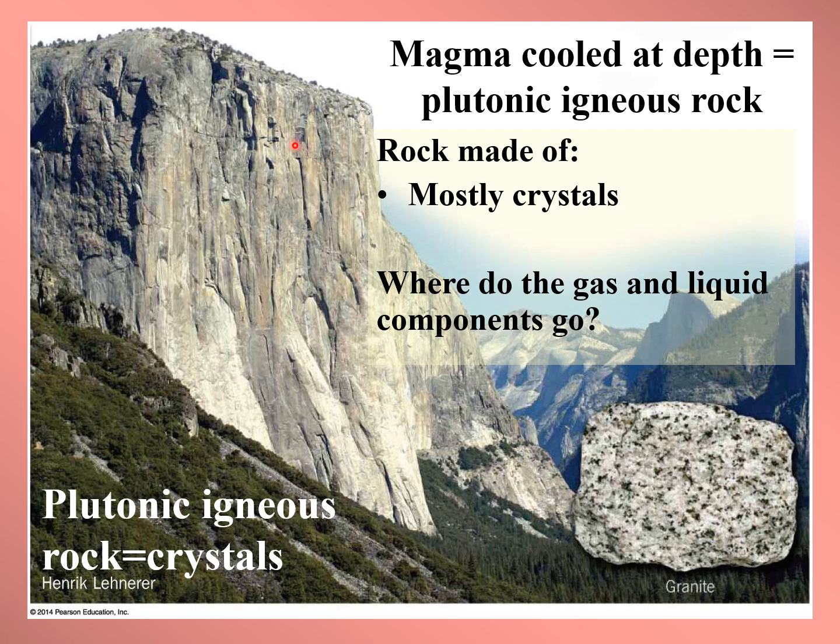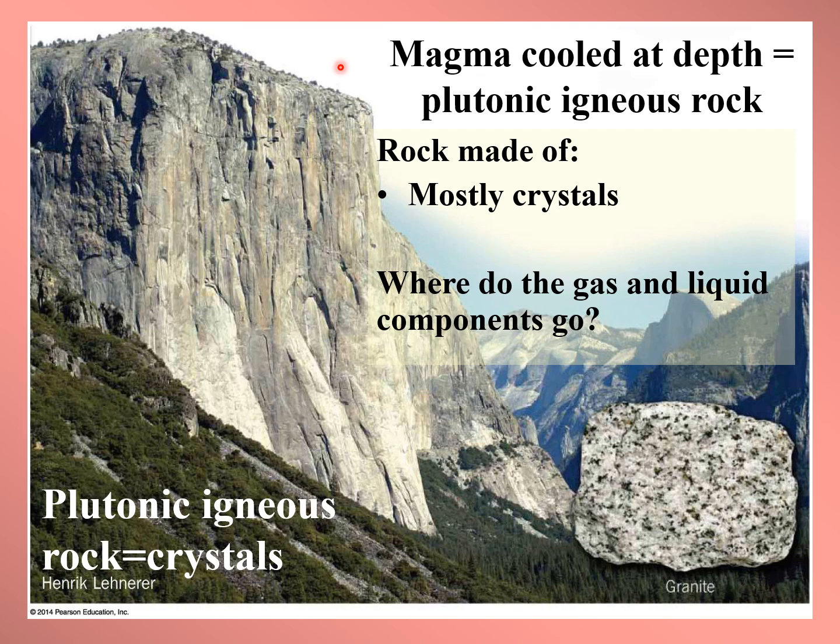And one beautiful example of a plutonic igneous rock is here in Yosemite. This is Half Dome, I think, and real famous for rock climbers. And it's a solid granite, and it's been exposed to the surface, and we see it as these big, beautiful cliffs.